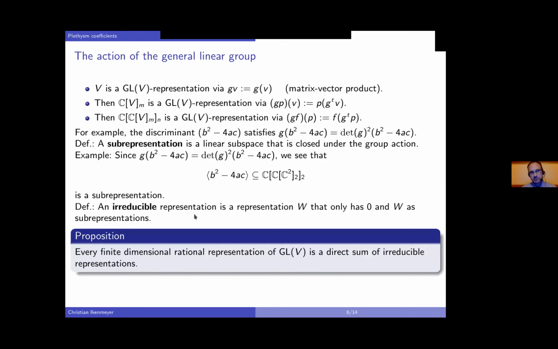And an irreducible representation is just a representation that has only 0 or W as subrepresentations. Now, every finite dimensional representation is a direct sum of irreducible representations. And this is what we want to look at. And we want to count how many irreducible representations are in our decomposition.